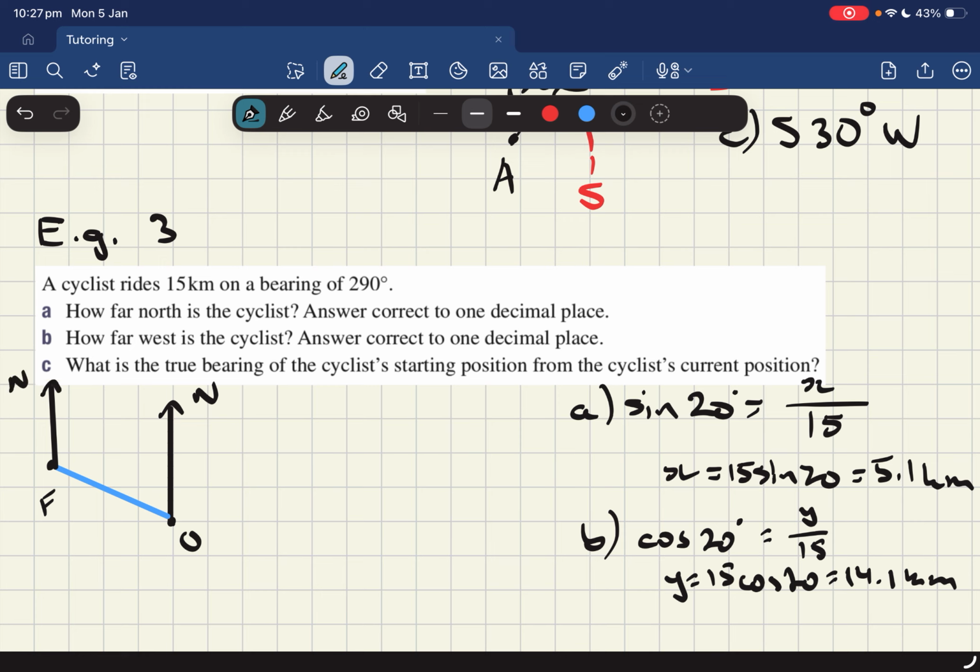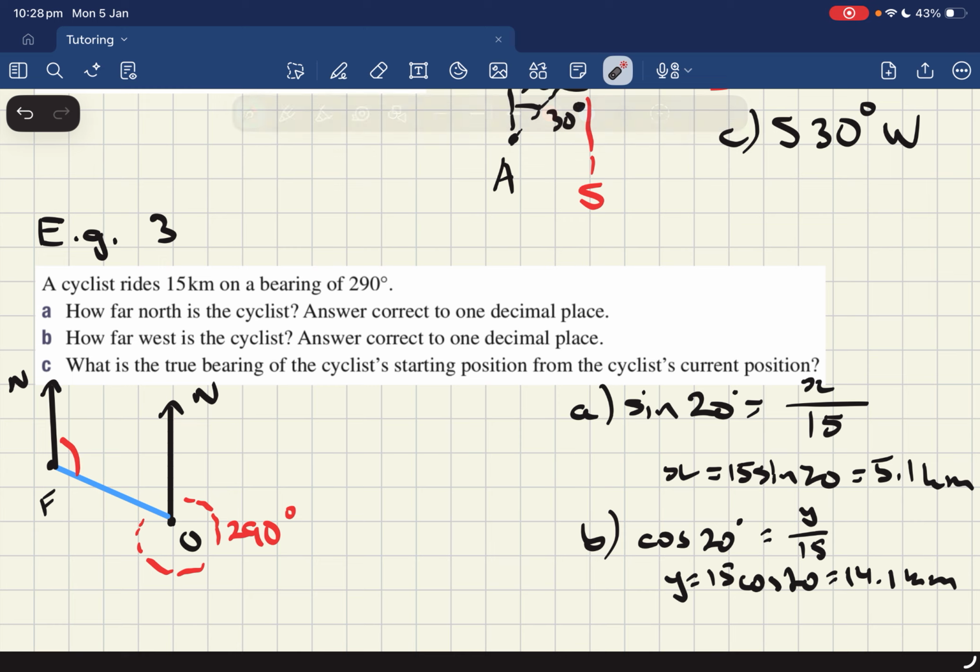Now, remember, we know that this entire angle is 290 degrees. Okay, now if we know that that's 290 degrees, remember the angle we want to find at the end of the day is this one. That's the bearing of O from F. So from north of F, it's the angle it makes with that line joining F and O.